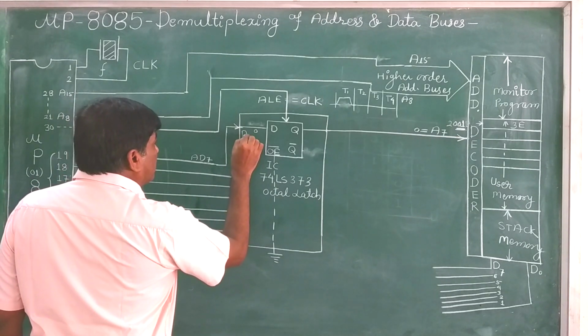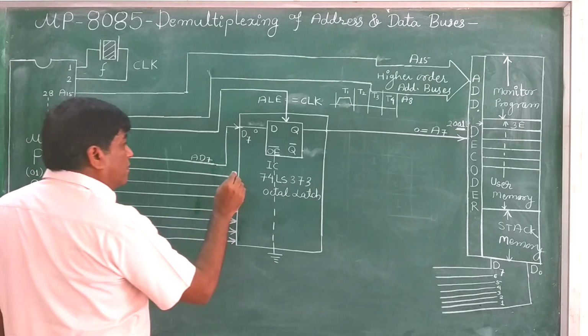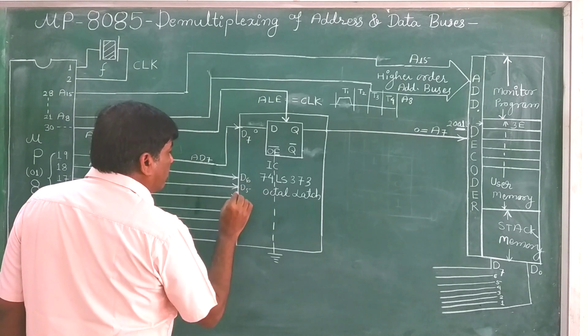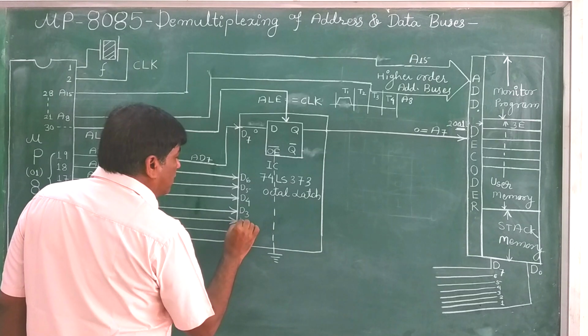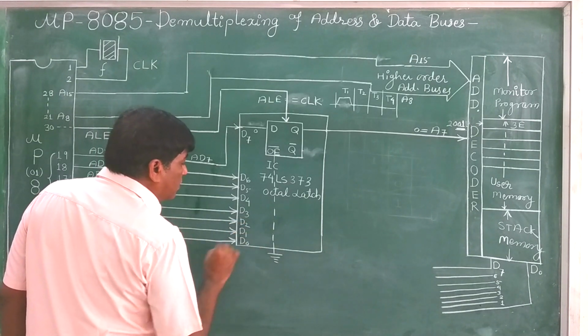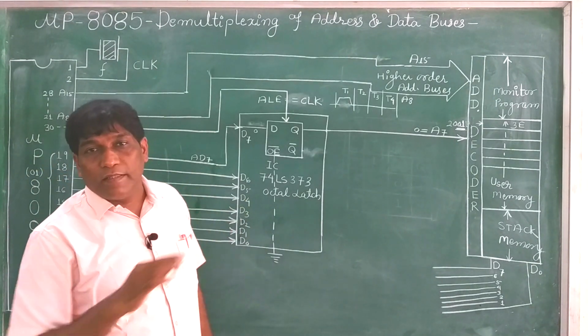These are the different inputs to this 74LS373 latch: D7, D6, D5, D4, D3, D2, D1 and D0. Similarly, we have outputs on this IC.